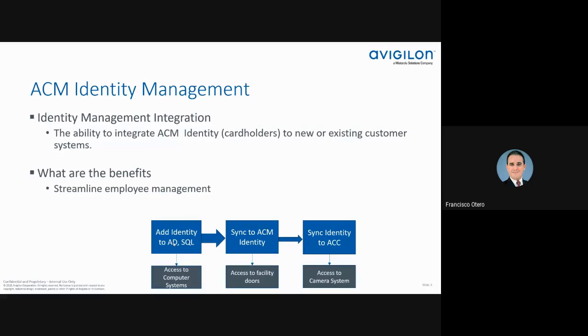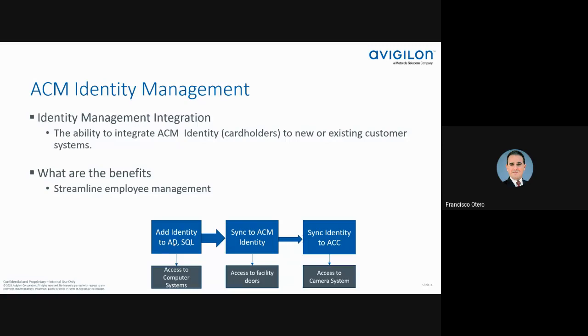I can access doors based on the permissions that that person has in Active Directory. We have customers that use this today. You can go in Active Directory and add some permissions to that user, and that translates into ACM access to doors.